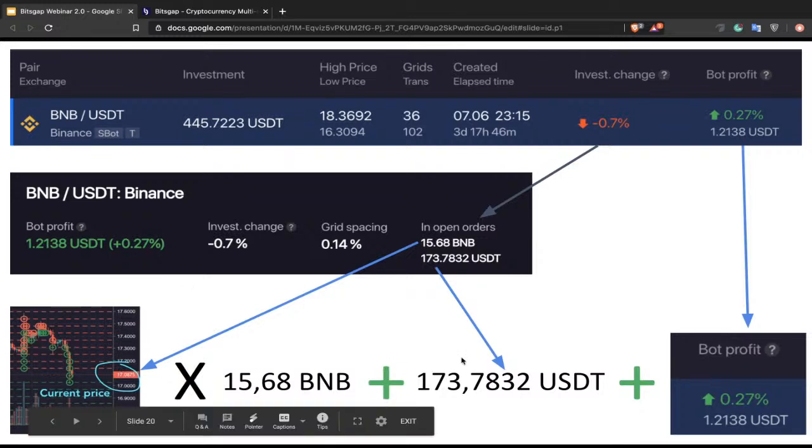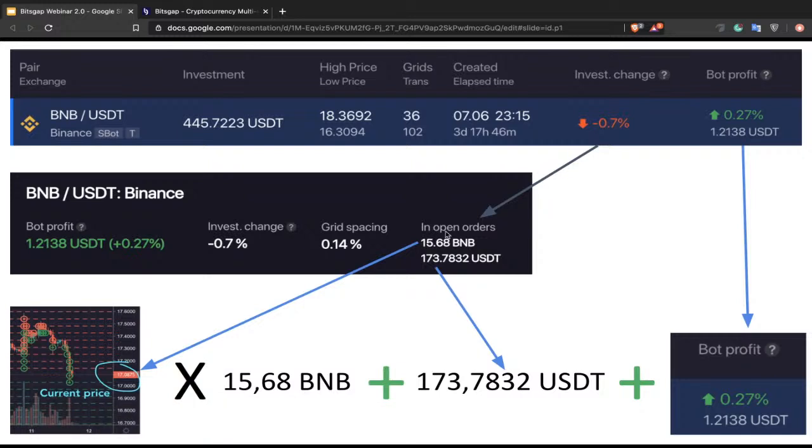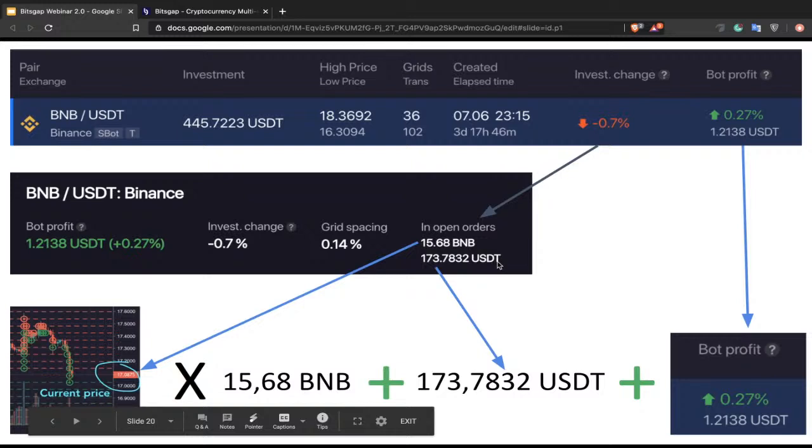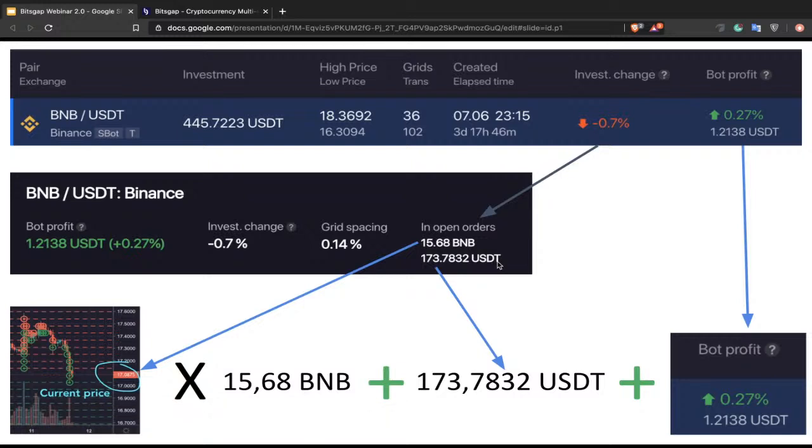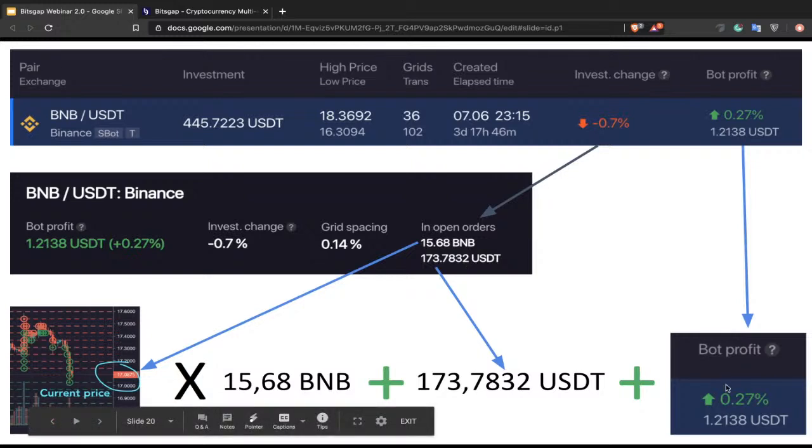Then you add the amount of USDT, which is distributed by the limit orders, and then you add the bot profit, so the profit that the bot has managed to accumulate for you throughout this period of 3 days.